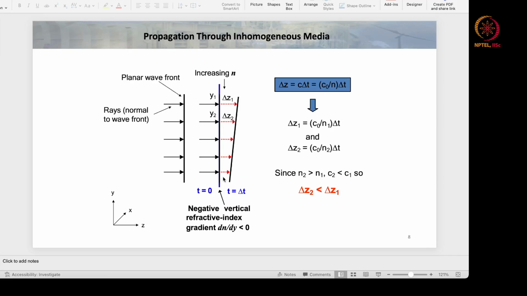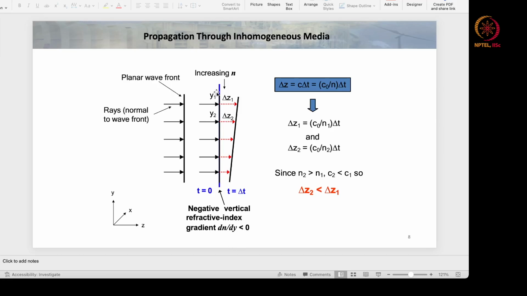Okay, so the refractive index in the lower part of this figure is higher than the refractive index at the top. So this particular medium is inhomogeneous and has a refractive index change given by this gradient.